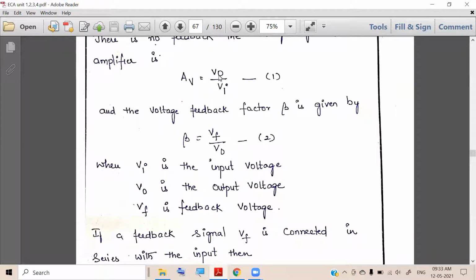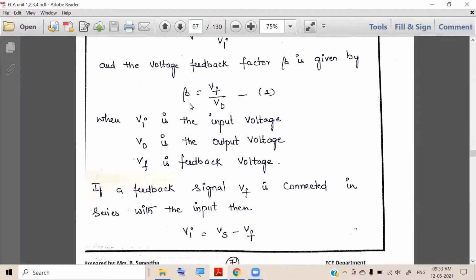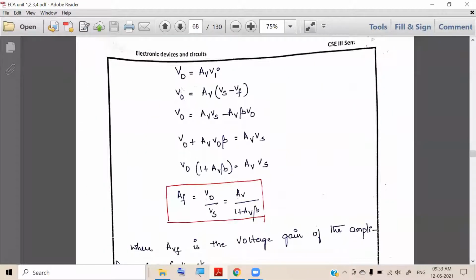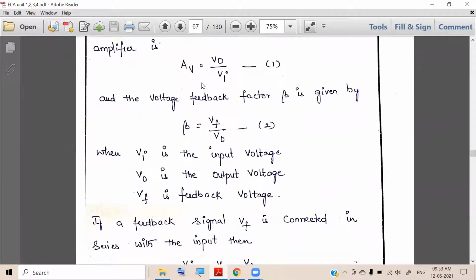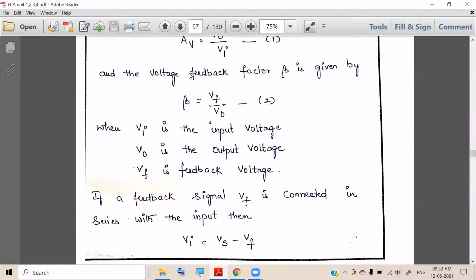So from this we can write the relation V naught is equal to AB Vi.